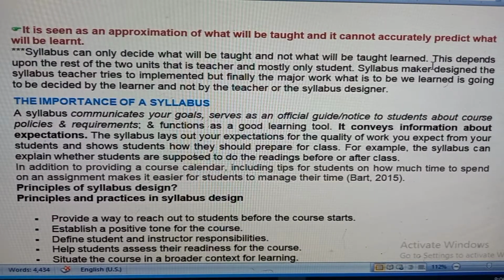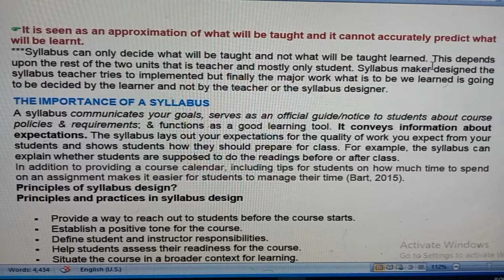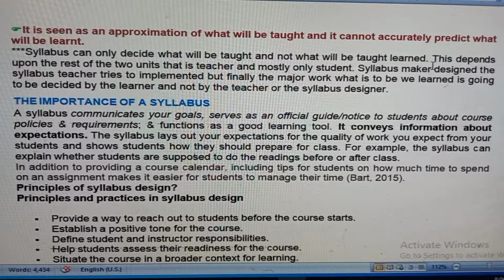It is seen as an approximation of what will be taught, and it cannot accurately predict what will be learned. Syllabus can only decide what will be taught and not what will be learned.